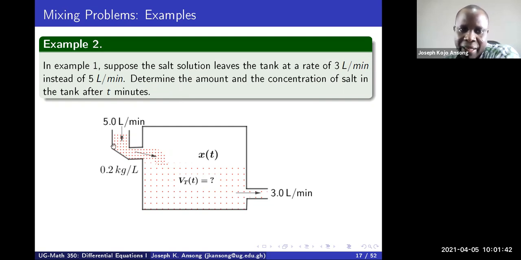So stuff is coming in at 5 liters per minute, but going out at only 3 liters per minute. So more stuff is coming into the tank than you are taking out. Of course, what that means is that the volume within the tank is going to increase.